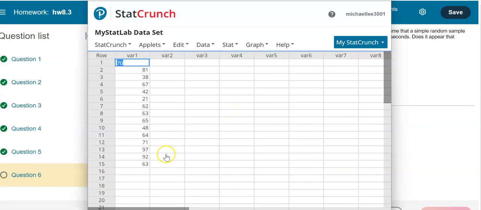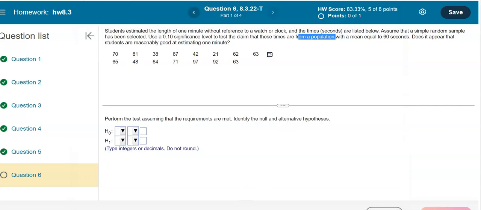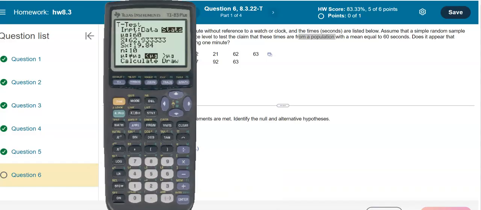There are 15 of them, okay? So n equals 15.